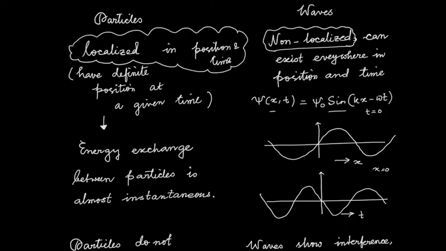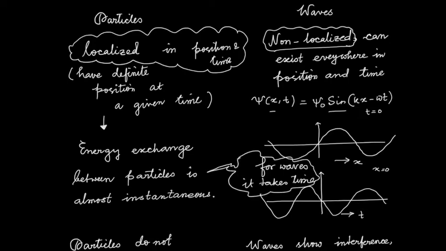Instantaneous is not a very good word, but still, the energy exchange between particles happens in a very small time. For waves, it takes time. That is easily understood because the wave is distributed over both space and time.